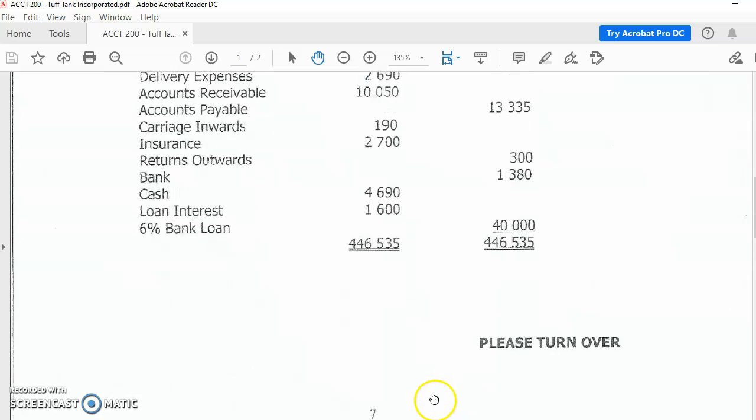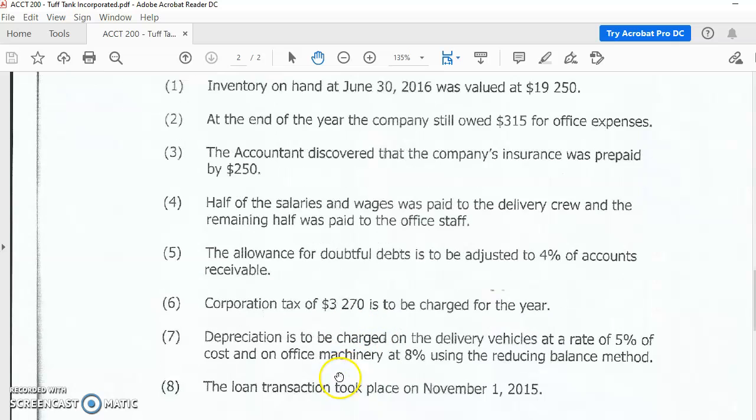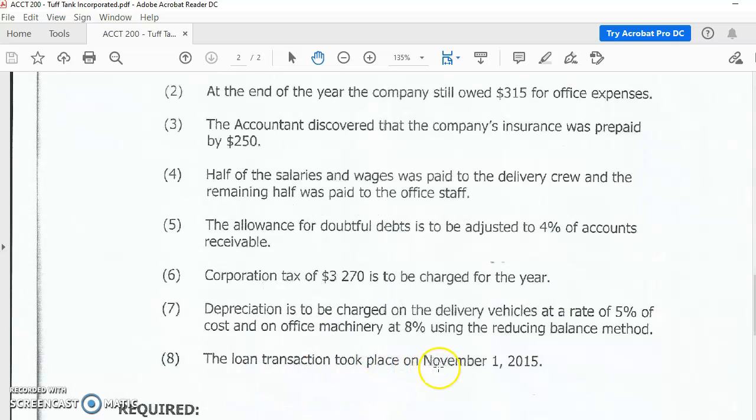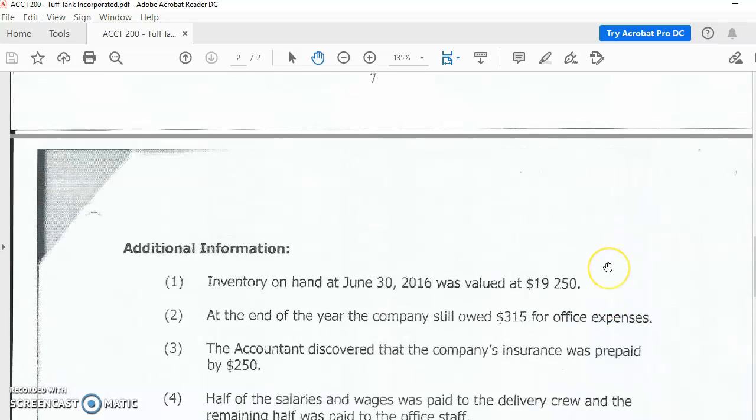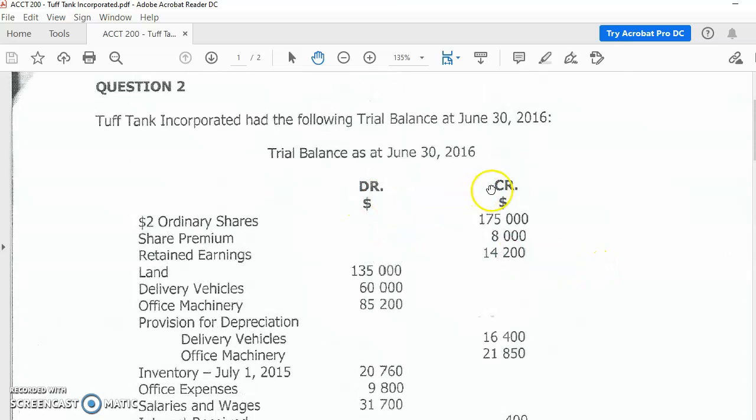But let's see that we had some additional information with respect to the bank loan. It states that the loan transaction took place on November 1st, 2015. And if we go back to the beginning of the question, we will realize that our financial year for this business ends on June 30th, 2016, meaning it starts on July 1st, 2015.